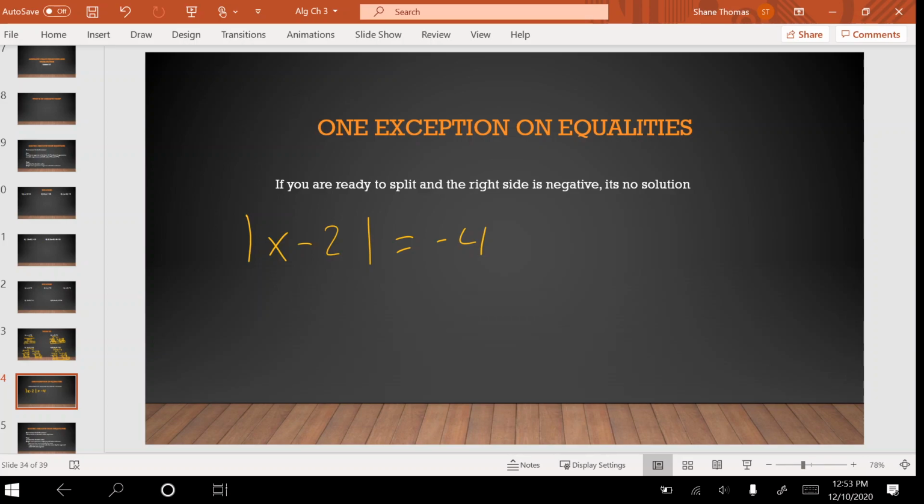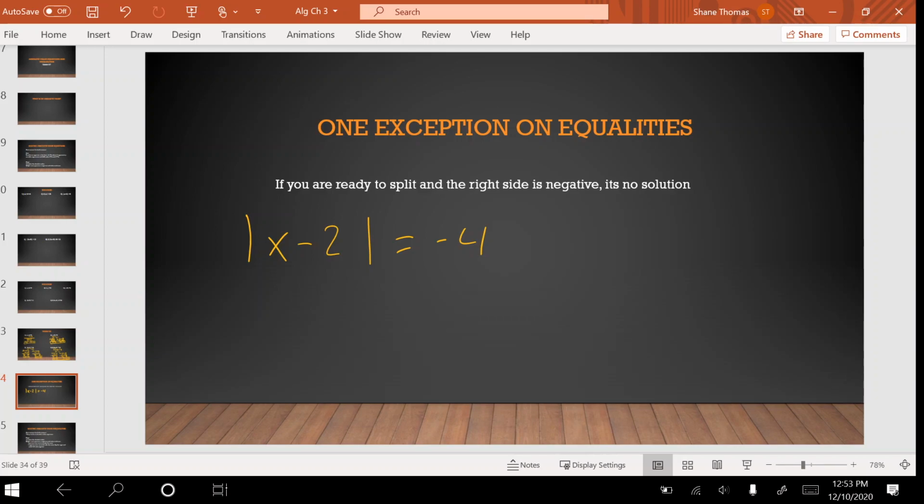863. Okay, 863 minus 2 is 861. Absolute value of 861. Well, that's positive, right? So give me a big negative number. Negative 417. All right, so negative 417 minus 2 is going to be negative 419, right? The absolute value of negative 419 is going to be positive 419.